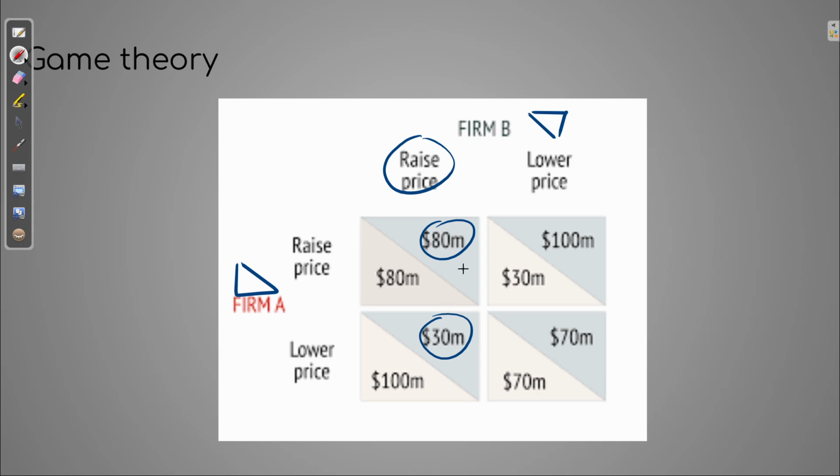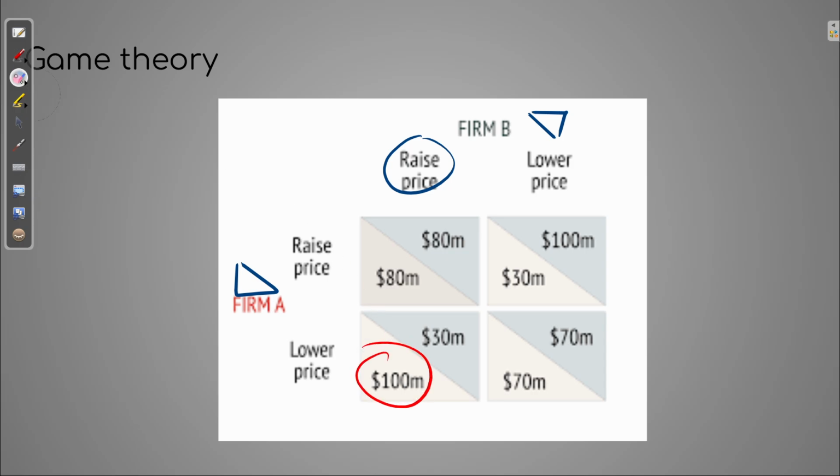But that's not really important for firm B's strategy. If firm B raises the price, that's how you find out A's strategy. So if firm B raises the price, A can either raise their price and make 80 million or lower their price and make 100 million. So which one sounds better for firm A? Well, 100 million. Okay, so for firm A, they're going to choose this one.